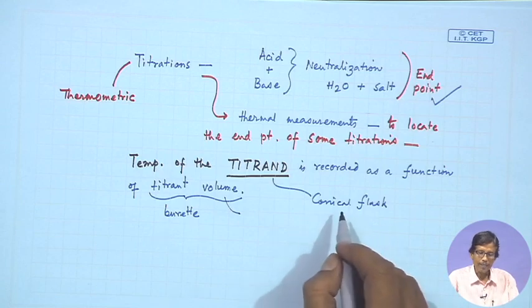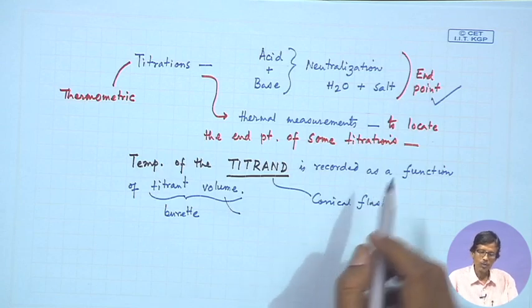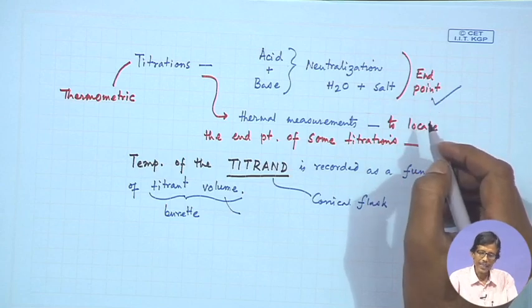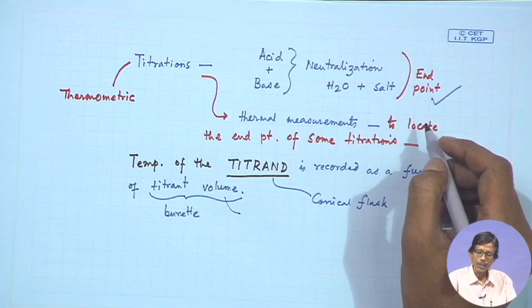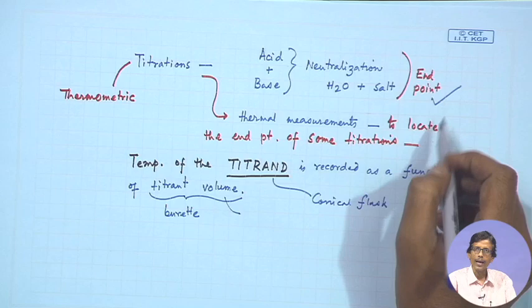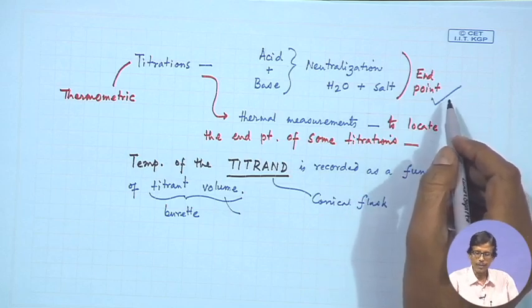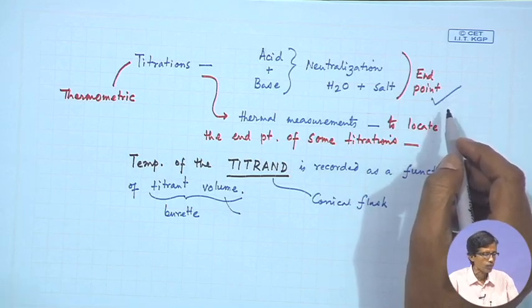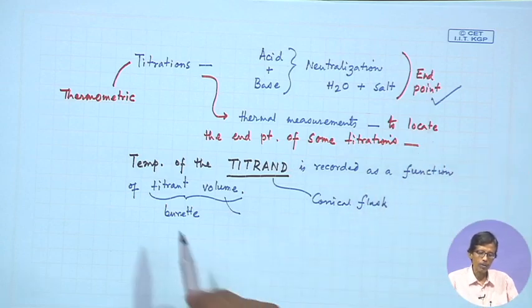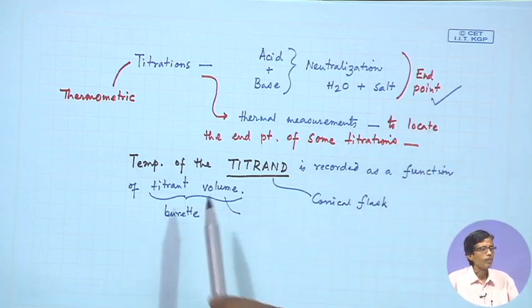We get some change in that particular temperature. At the neutralization point, there will be some sudden change in temperature. So, one monotonous change, then again a certain break, and the slope of this particular straight line beyond the end point will also be changing. That way we can locate the corresponding end point by doing the thermometric titration.